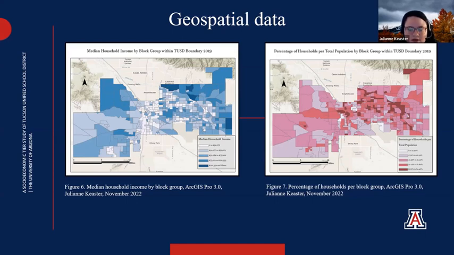And it's helpful to have this comparison because, as you can see, there's high population densities in some key block groups in the center of the attendance boundary that also have the lowest median household income, which I thought was an interesting juxtaposition.